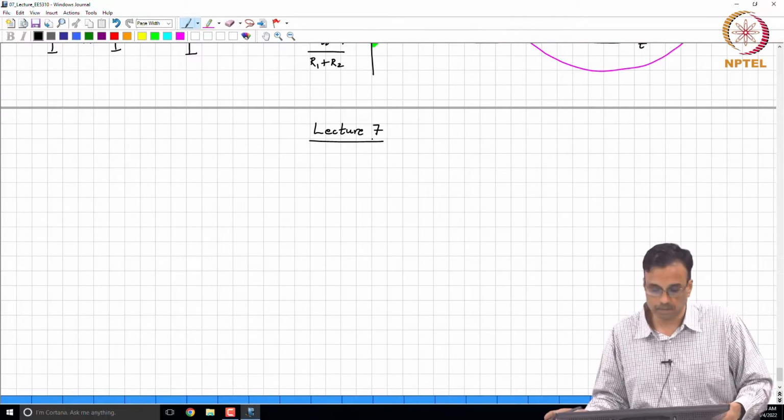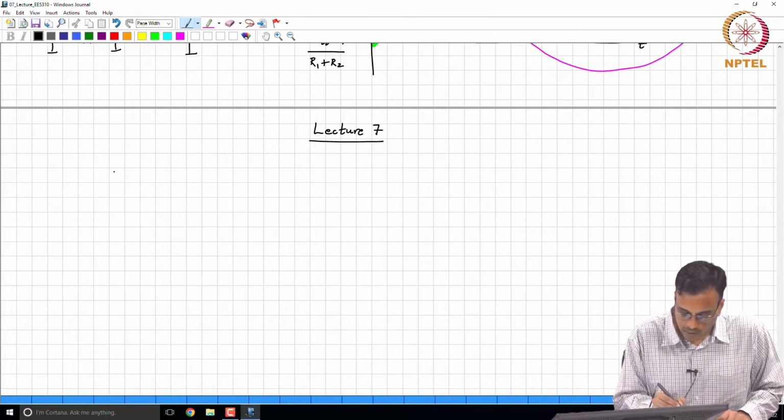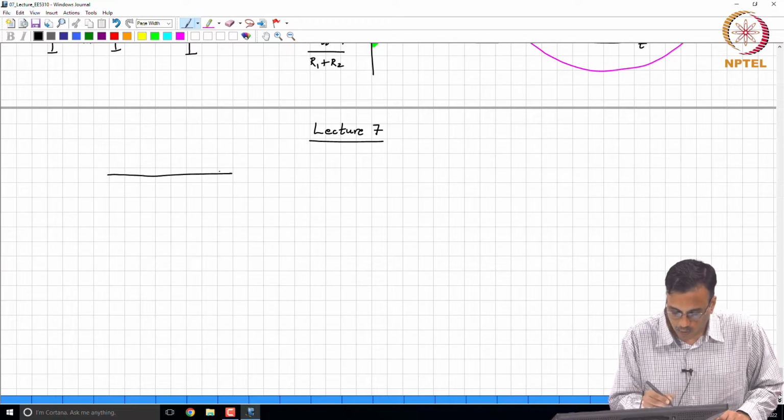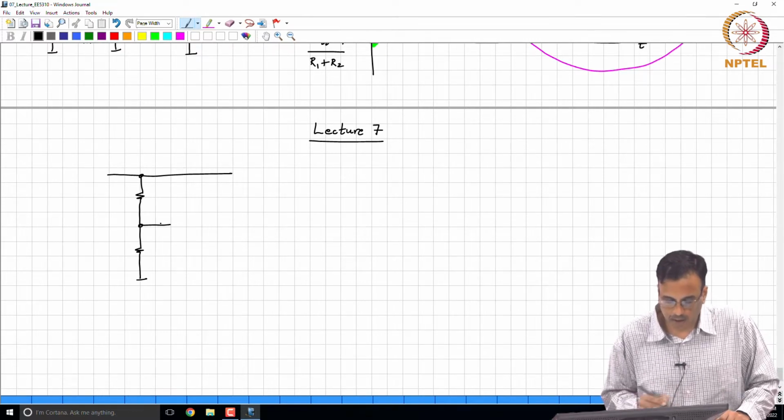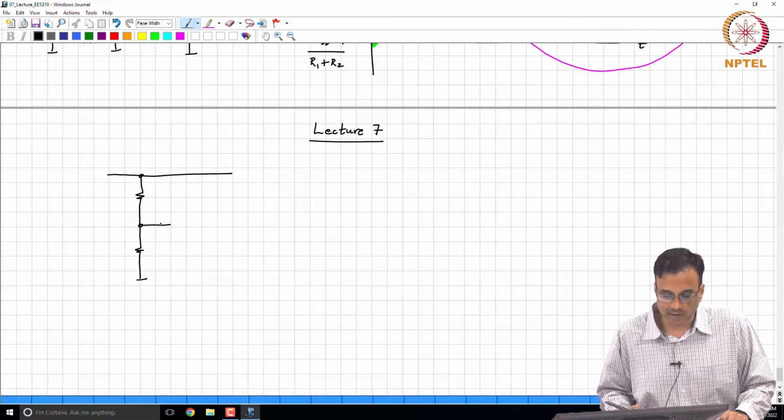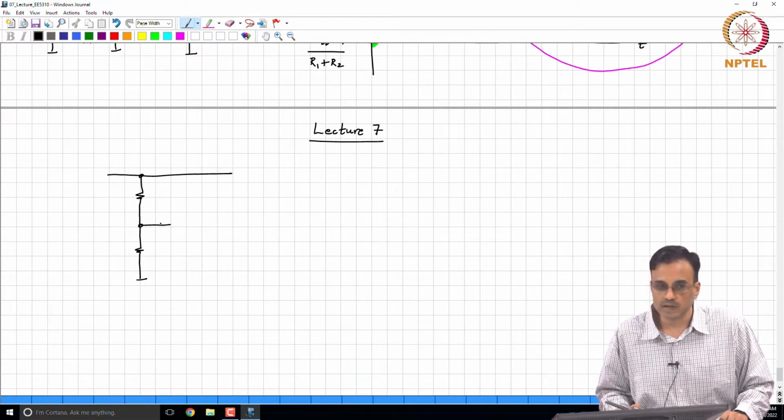This is lecture 7. In the last class we were looking at what it meant for a signal to be a large signal, and we said that an incremental gate source voltage where the swing is much smaller than twice VGS minus VT is what is considered a small signal.